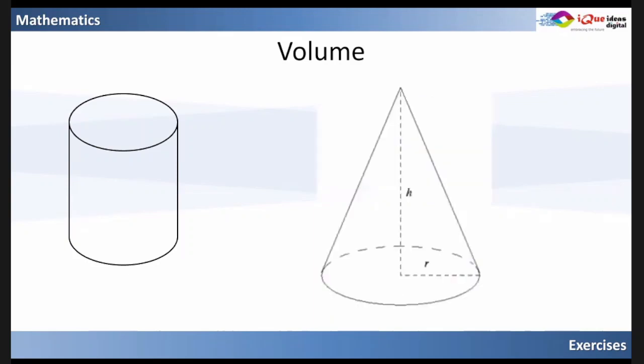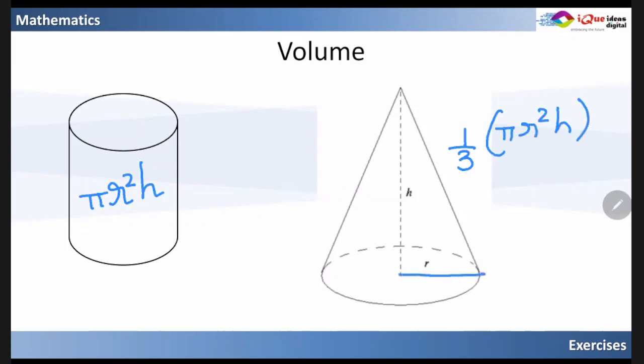And for a cone, 1/3 of a cylinder, so 1/3 of pi r square h, where r is the base and h is the vertical height. So this is the volume of a cone, that is 1/3 the volume of a cylinder.